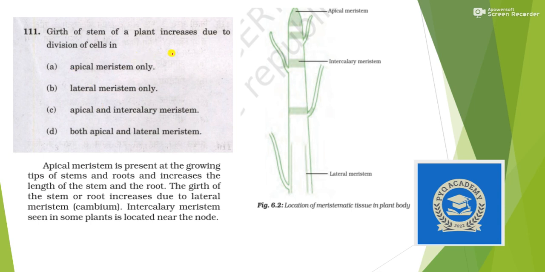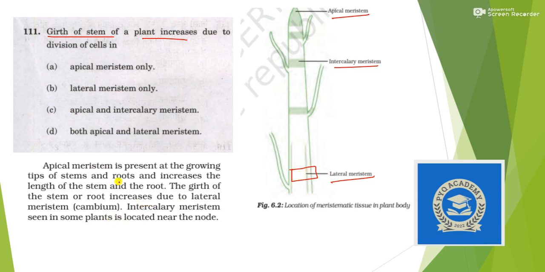Next question: the girth of the stem of a plant increases due to division of cells in which tissue? From this single image, many questions have been formed in various UPSC exams. This time they are asking about girth of the stem. There are three terms: apical meristem, intercalary meristem, and lateral meristem. Lateral meristem is concerned with the stem.